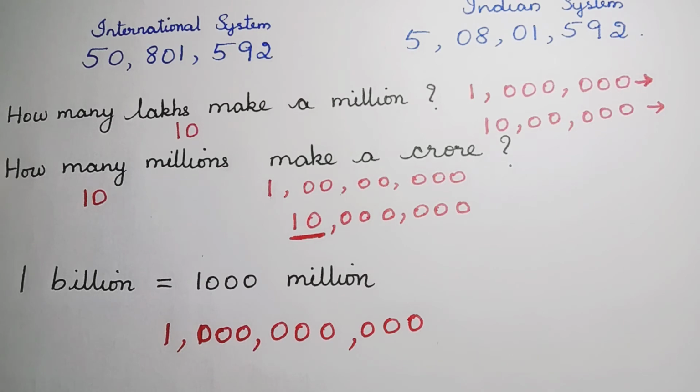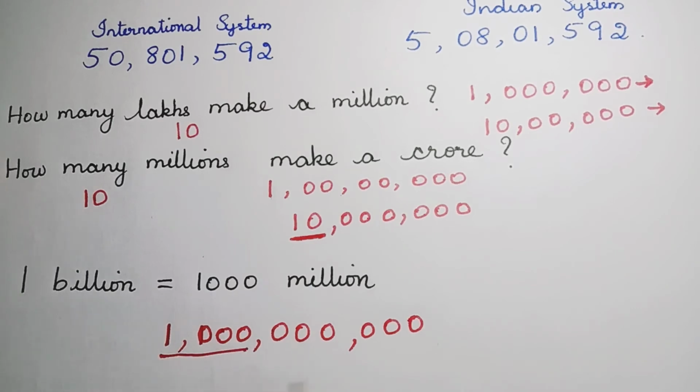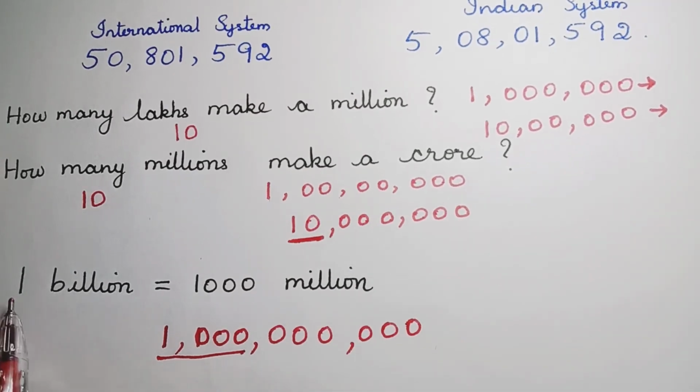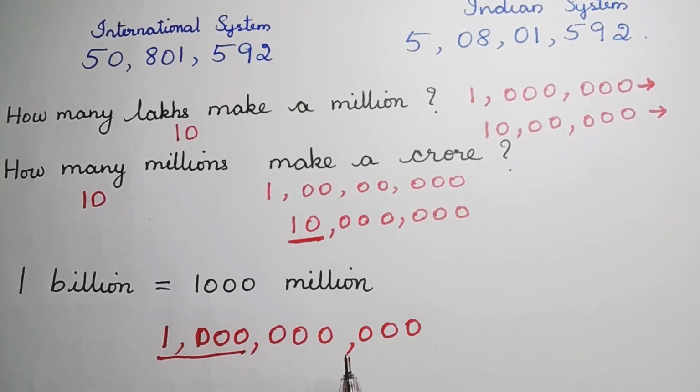So this is 1 billion, and you can tell it is 1000 million, right? Million, 10 million, 100 million, 1000 million. So this is the concept of 1 billion equal to 1000 million. You have to learn both by heart and you should know how to write this also.